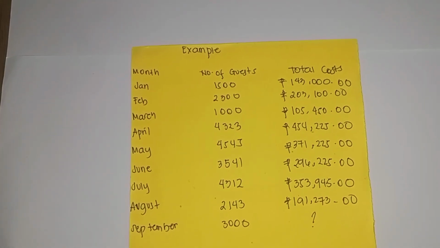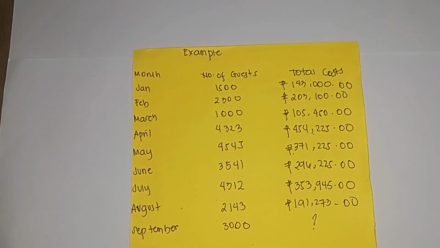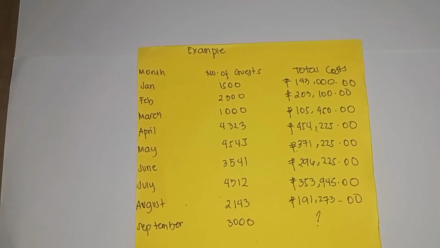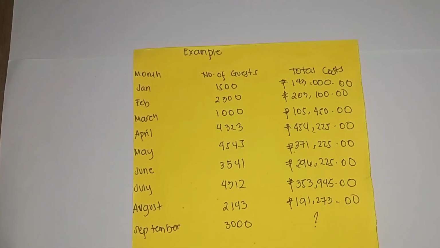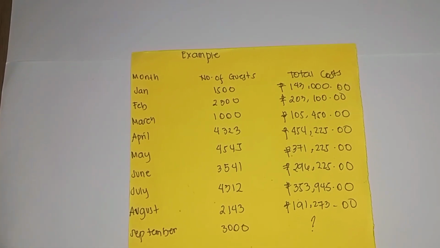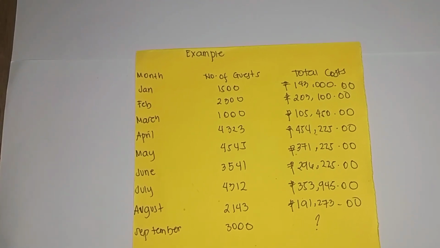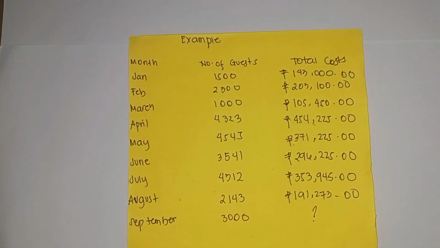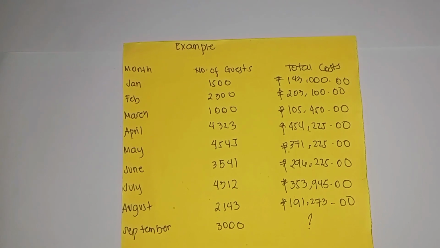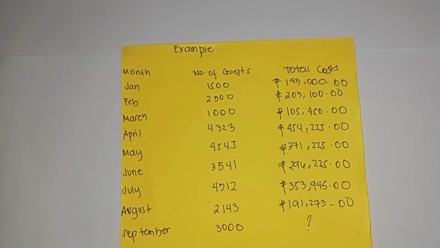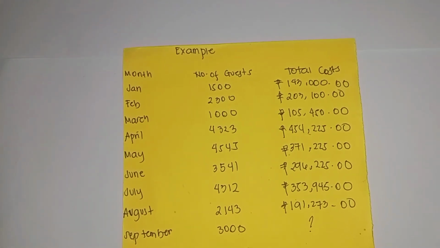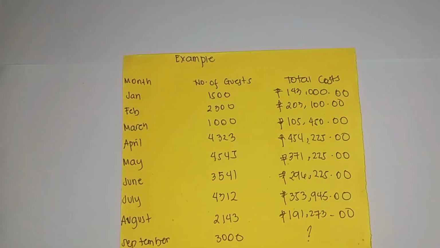From the month of January, we have a number of guests of 1,500 with a total cost of 143,000 pesos. From the month of February, we have 2,300 number of guests with a total cost of 203,100 pesos.